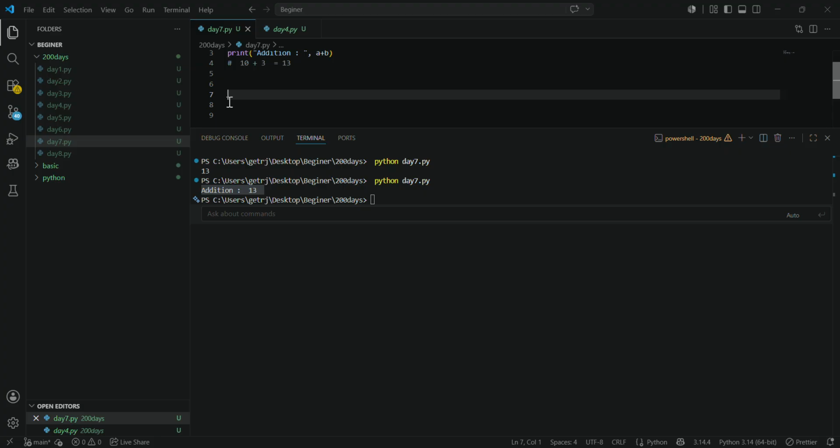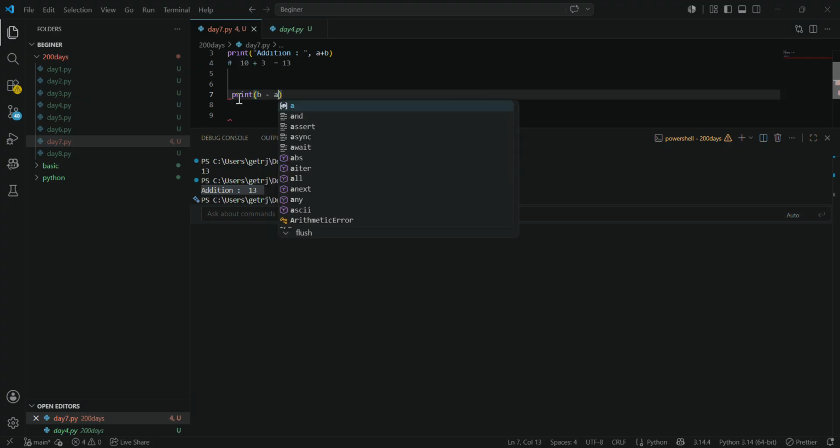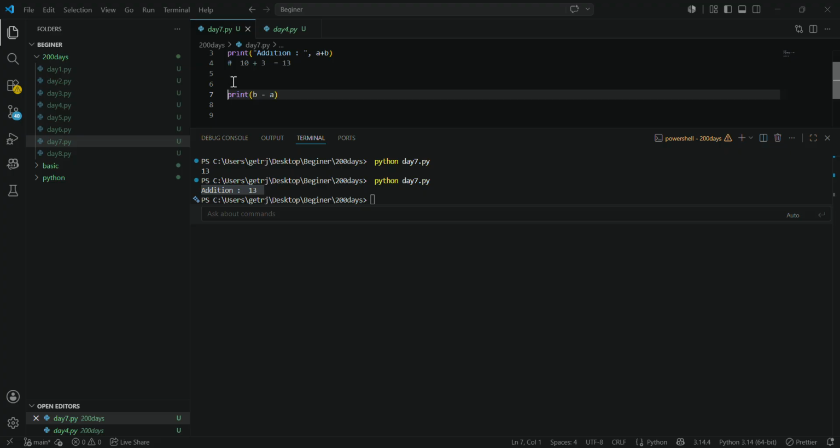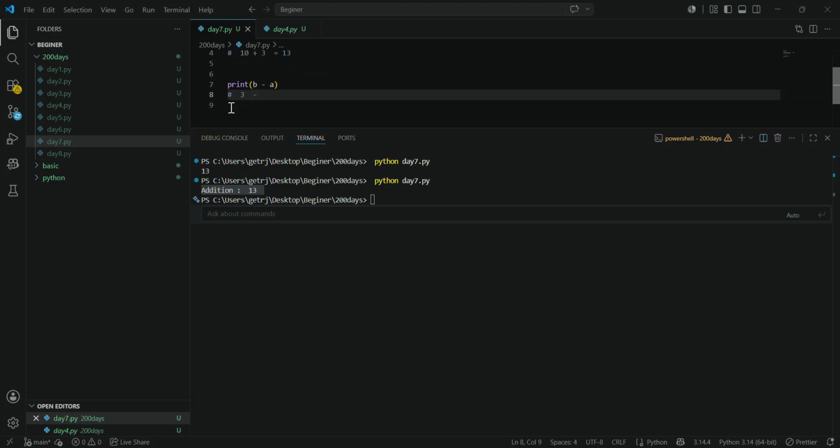Now we subtract a from b. Now we will check print b minus a. I don't want indentation here. b is equal to 3 and a is equal to 10, and the output is minus 7.